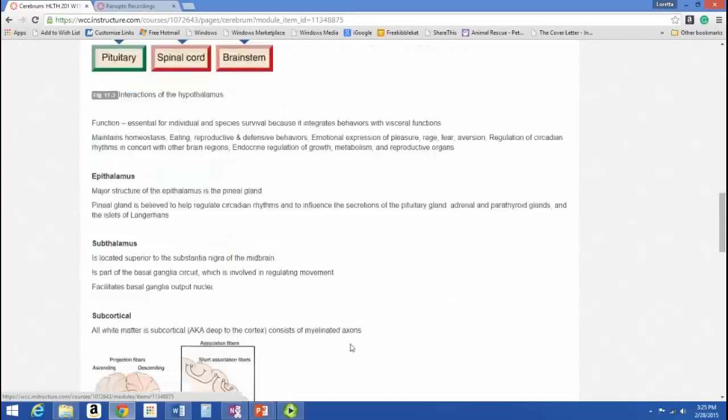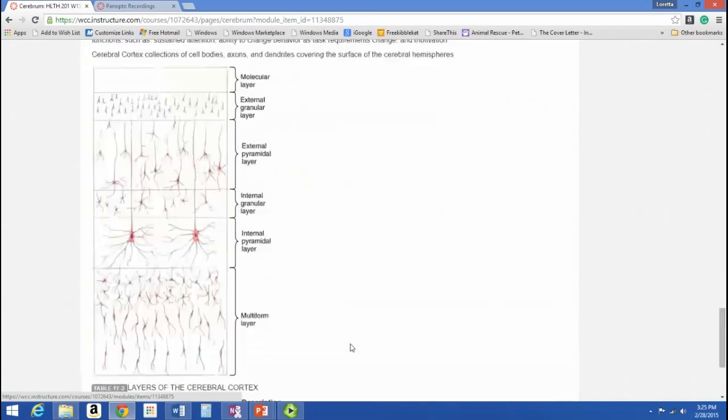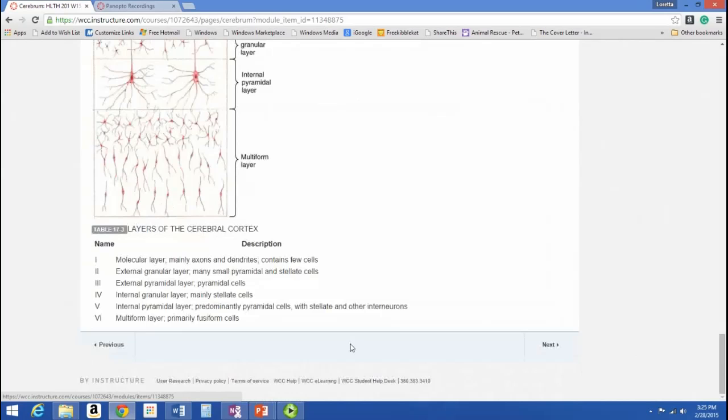Some of the structures, the epithalamus and the subthalamus and the subcortical white matter, we're not going to necessarily talk about disorders, but they are listed in there. And there are some things like the layers of the cerebral cortex, the different types of cells. I don't want you to memorize that. I just am exposing you to it as a little tidbit of information, but that's not going to be on the test.